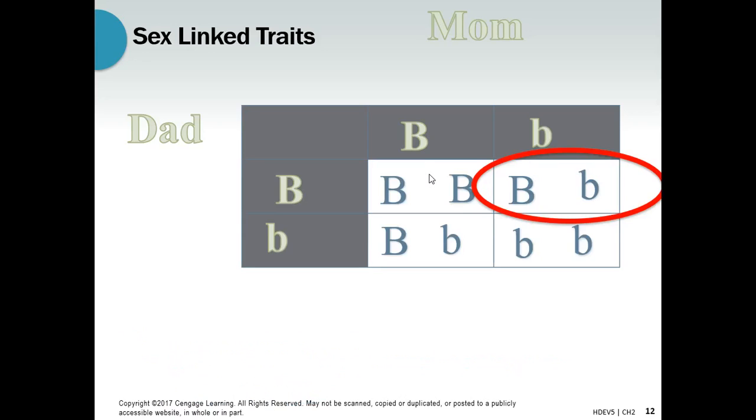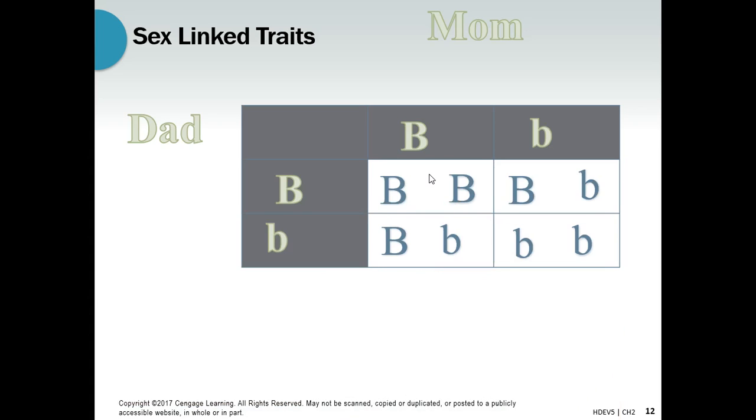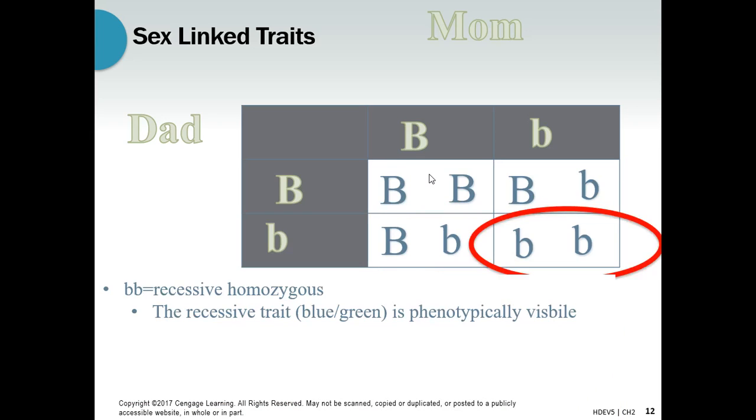And the same thing is going to be true for this individual. This person is going to be dominant but heterozygous. And again, that dominant capital letter B is going to cover up the recessive lowercase b. And the only way to really end up with blue eyes is the last square there, where the individual ends up having two recessive alleles.